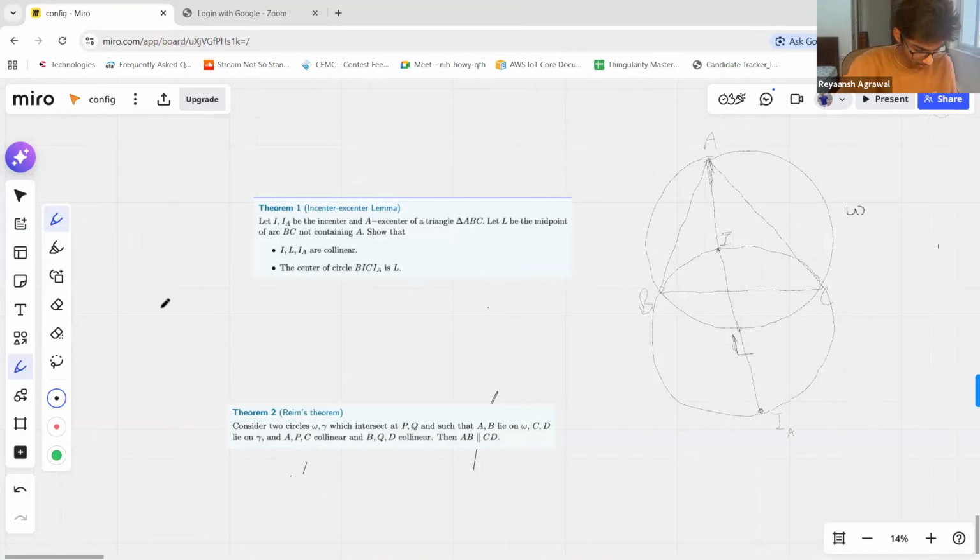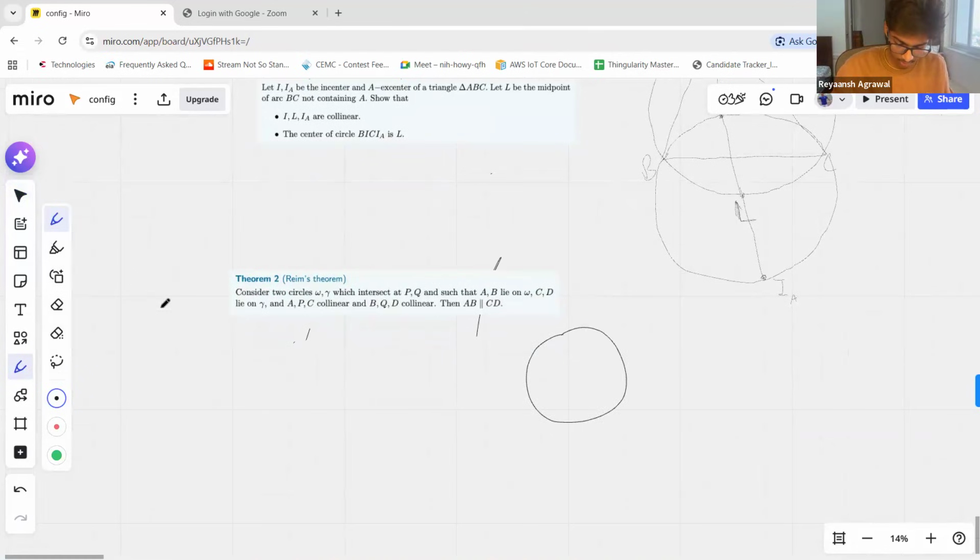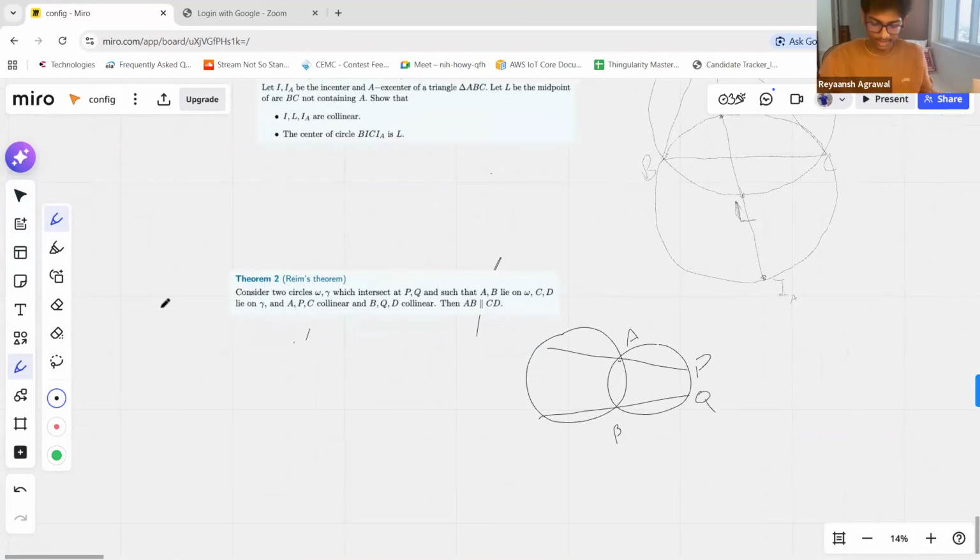What it says is that if I have two circles that intersect at A and B, and I have a line passing through A and another line passing through B, and say these two lines intersect the first circle at P and Q, and the second circle at R and S, it says that RS is parallel to PQ.